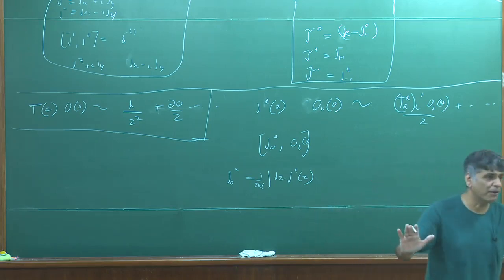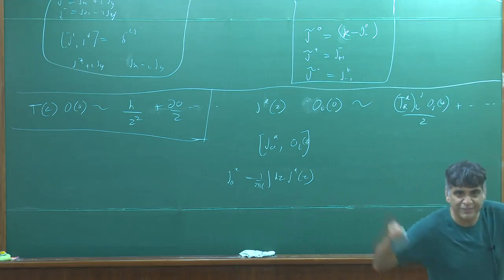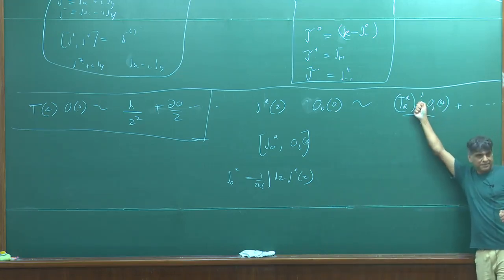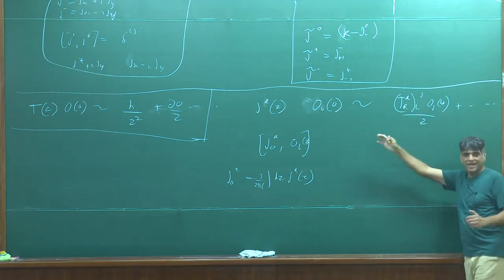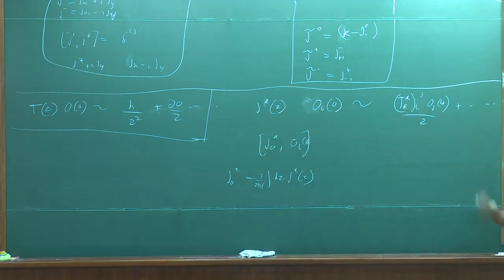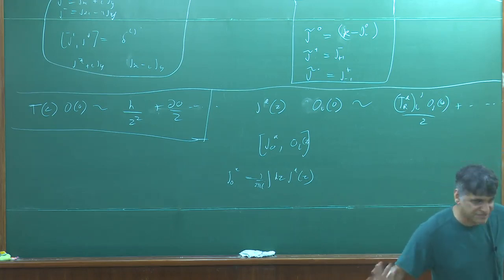We define a primary operator as an operator which doesn't have any more singularity than it's forced to have. So this was what its ordinary Lie algebra representation tells you it has to be, and then there's nothing else. Of course, we can get many other operators with more singularity by taking descendants of these, but the primary is the one with the least singularity. Is this clear? It's very much like Virasoro.